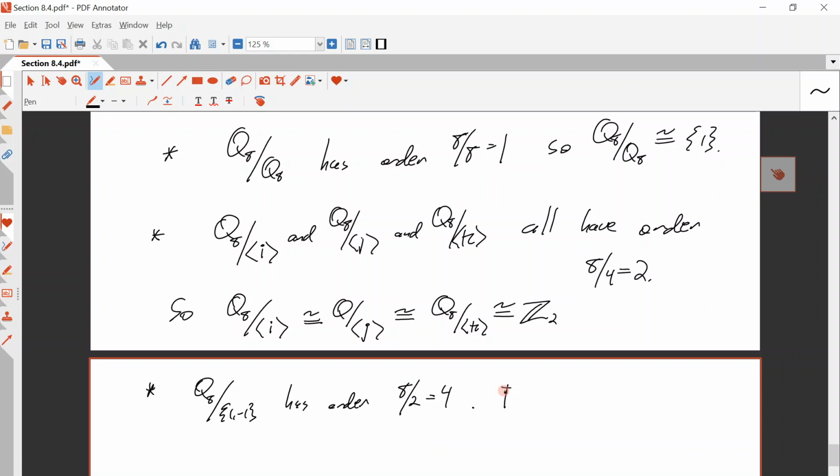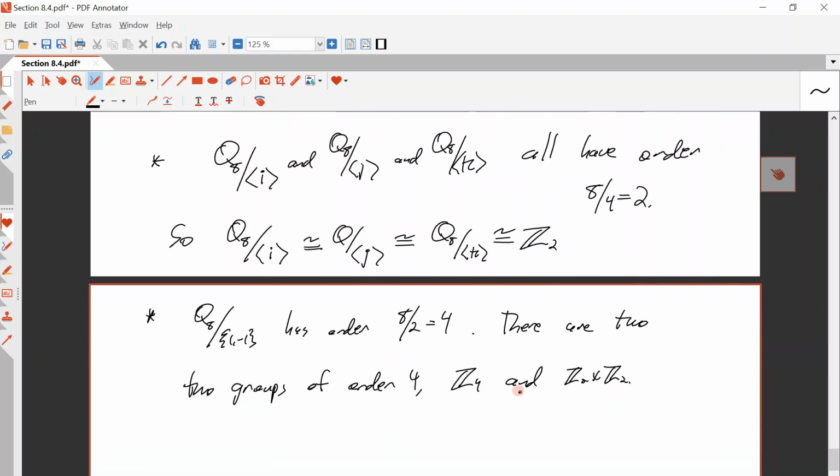There are two groups of order 4. There's Z4, the cyclic one, and Z2 cross Z2.